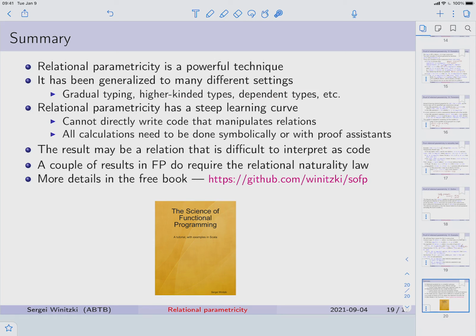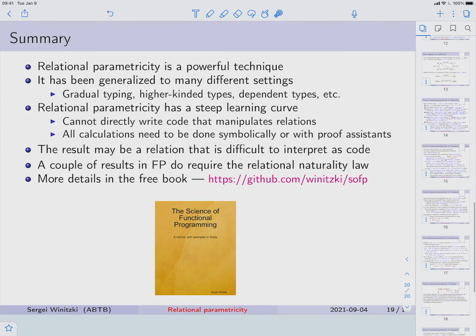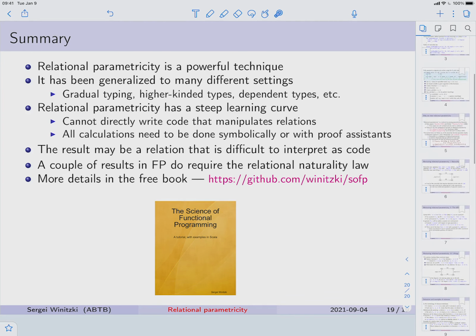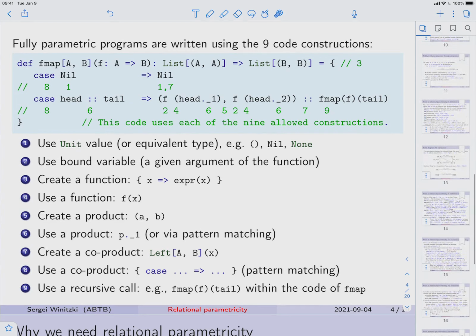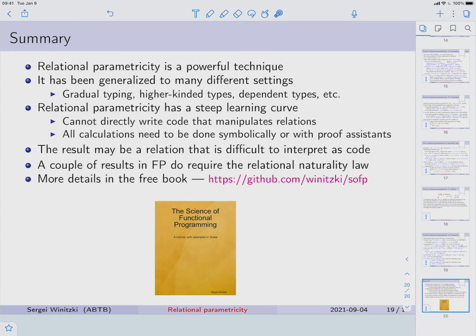And for all of these different languages, you need to formulate how to lift relations to type constructors of different kinds, and then you have to prove that the relational law holds for code that is written using these new features that you added to the language. So I showed you a baseline. The baseline of all functional languages is these nine code constructions. But certainly the same techniques have been generalized to different programming languages.